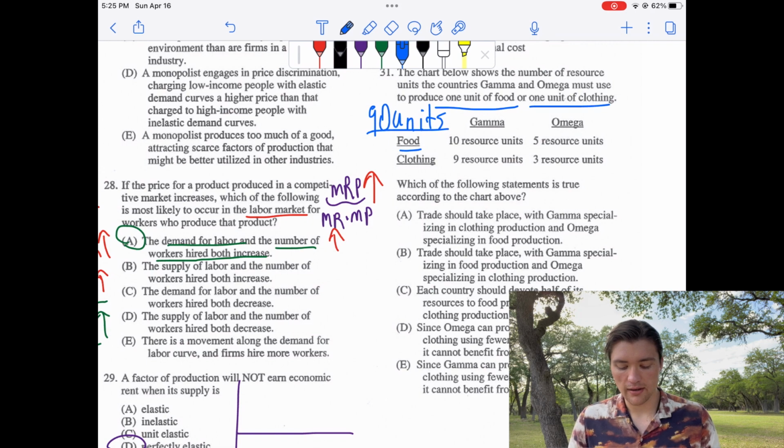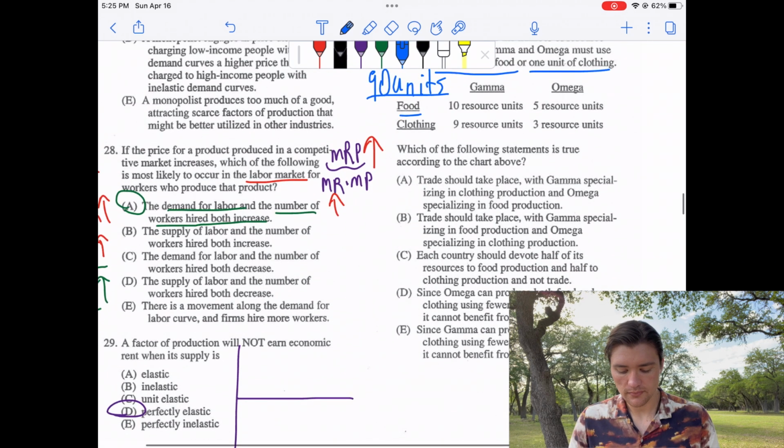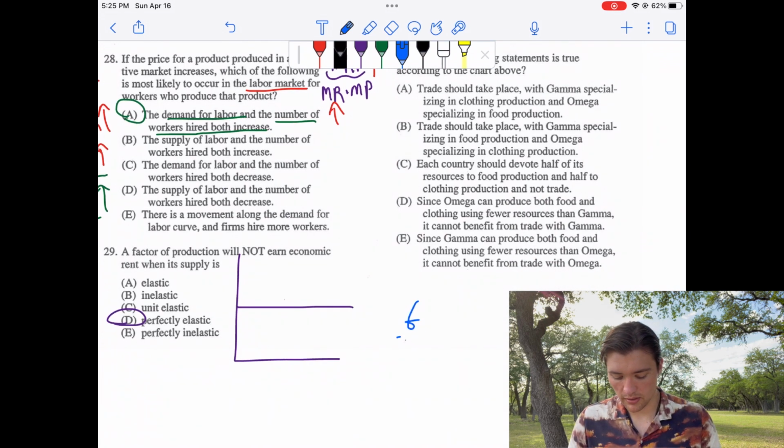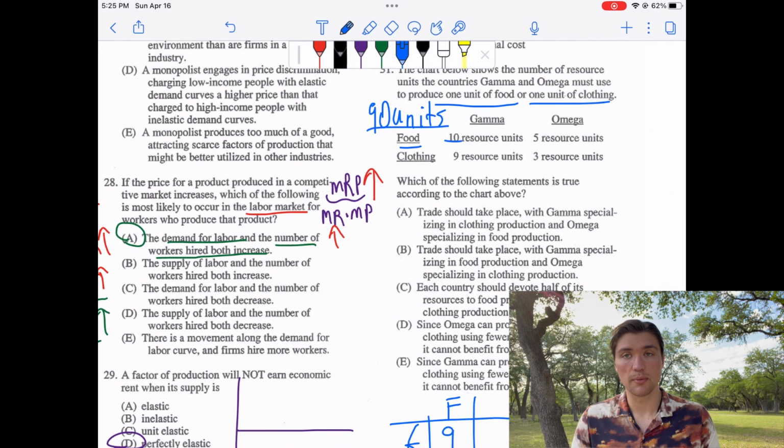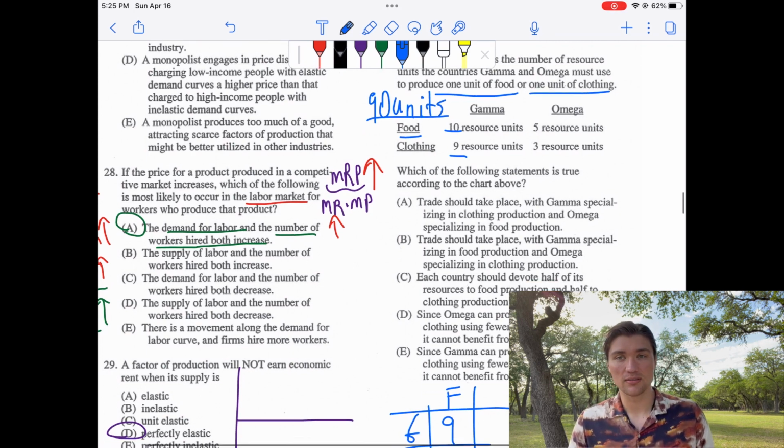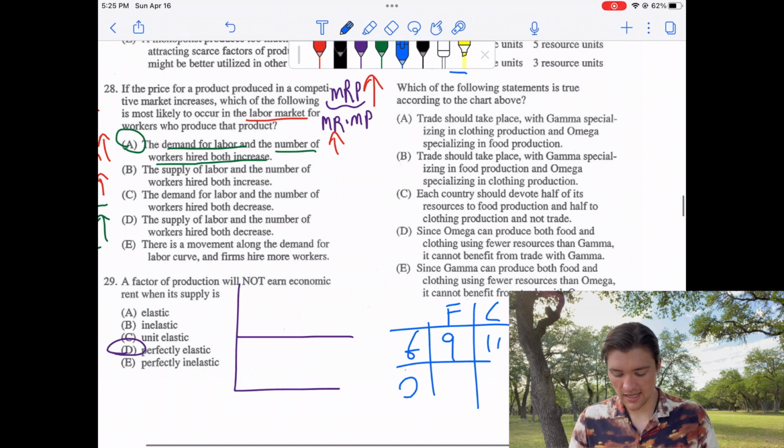If they had 90 units and Gamma takes 10 units to make one food, that would mean that Gamma could make 9 food, right? Because it takes 10 units to make one food. If they had 90 units, they could make 9. If it takes 9 units to make one clothing, and they had 90 units, they would be able to make 10 clothing.